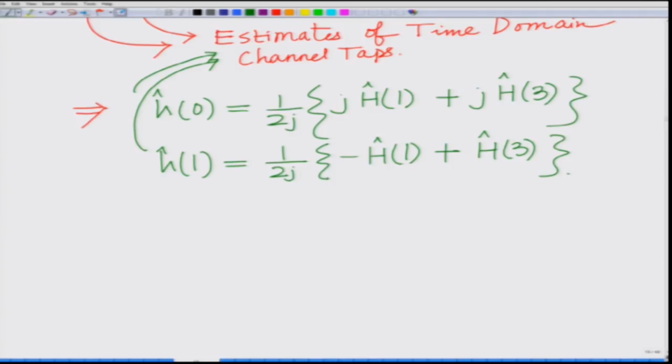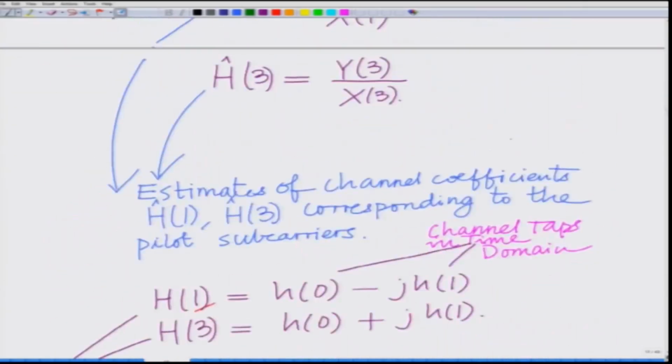Now, I can use the estimates of these channel taps, small h hat 0 and small h hat 1, in the time domain and compute the estimates of the rest of the subcarrier coefficients, and that can be done as follows. Again, we go back to where we expressed the subcarrier channel coefficients in terms of the channel taps.